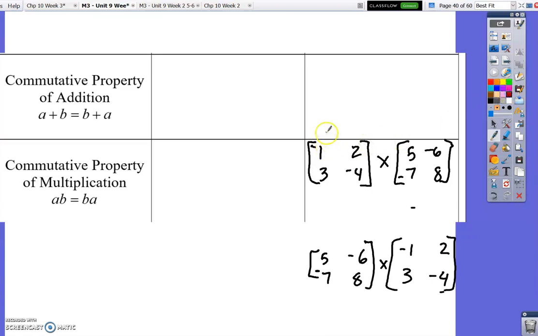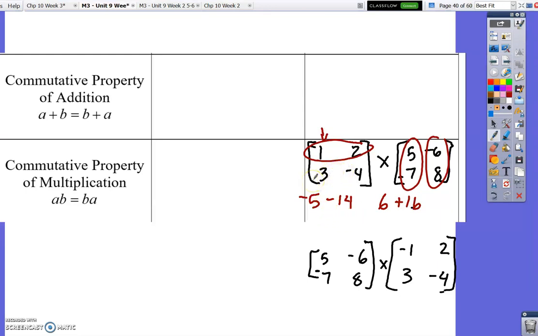So we recall that we're going to take this row times this column, and this row times that column. So 1 times, never mind, that's backwards, this times this. So negative 5 and negative 14. And then this one, positive 6 and plus 16.